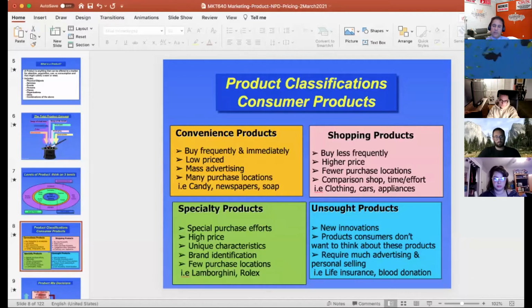So in that situation, you would have the very expensive products, the things that you buy 1 or 2 times in your life, and expensive luxury brands will be in that category of specialty products. But the last one is a little bit more complicated because it has more facets. It's the unsought product.